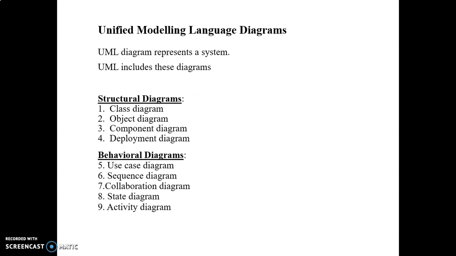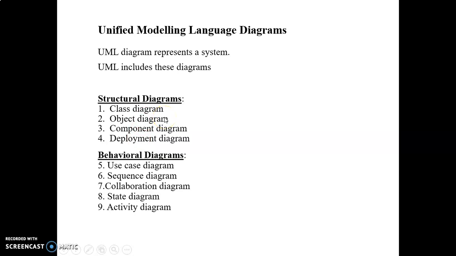I have already told you that I have made this video for MSc first year students. So let's come directly to the point. As we know, UML means Unified Modeling Language. Diagrams represent a system. UML diagrams include two special types: one is called structural and the other is called behavioral.